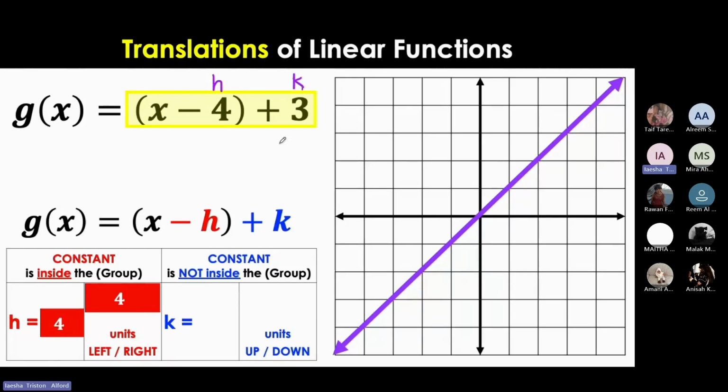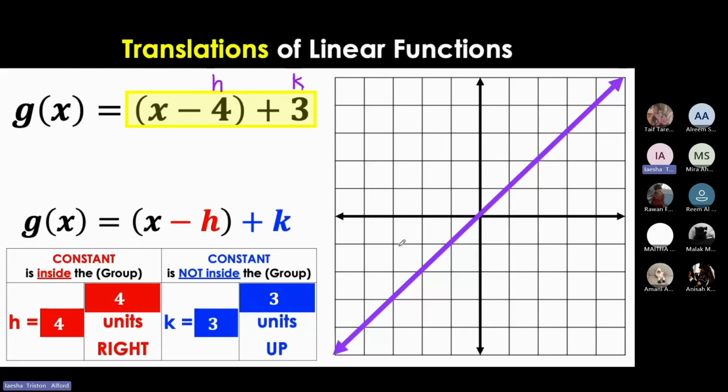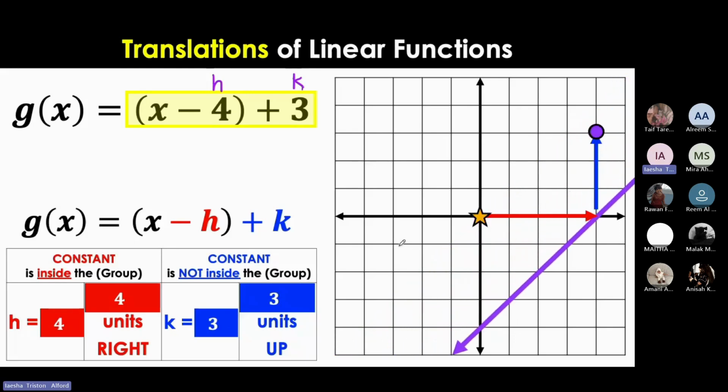Right. What number is k? +3. So 3 units up. So this line, we're going to move it right 4 and up 3. So the line will slide right 4 and up 3.